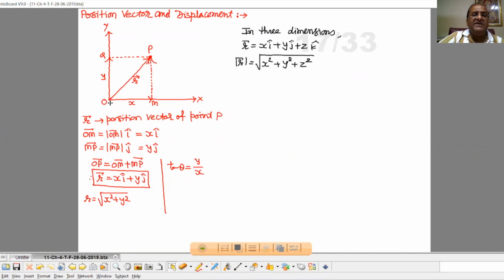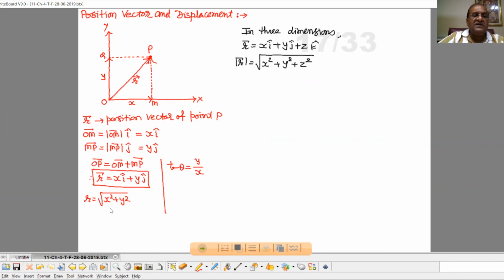Now from the figure we can write vector OP, that is vector OM plus vector MP, as per the vector summation rule. So vector r is equal to x i plus y j. Now if we have x and y, then we can calculate the magnitude of this position vector r.